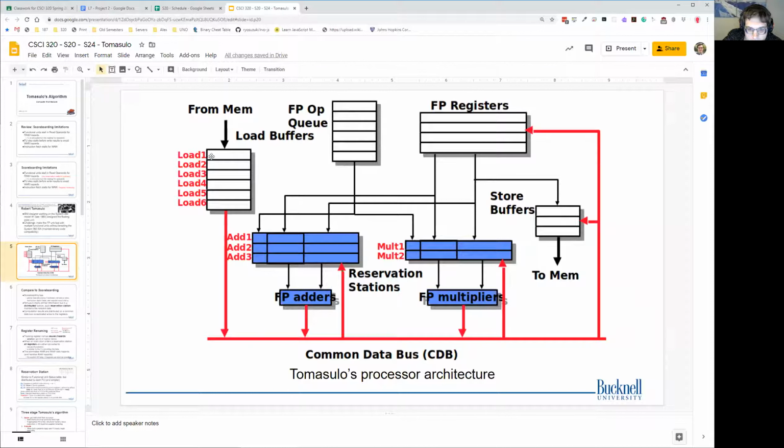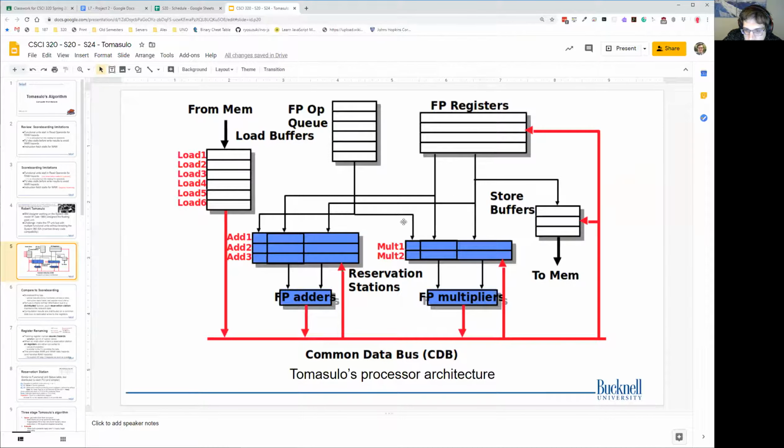And yeah, and then we have this big fat red line. That's basically the bus that will update our tables. So the way that works is if we get a result, we are not only updating our register table, we are also updating the reservation stations.